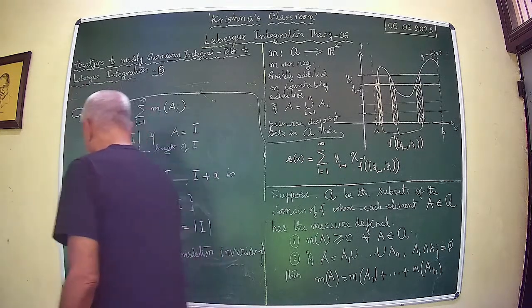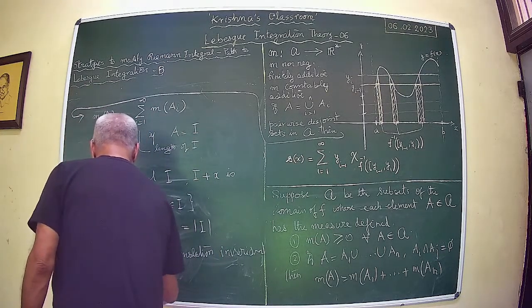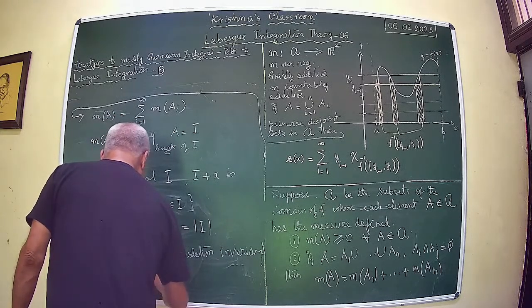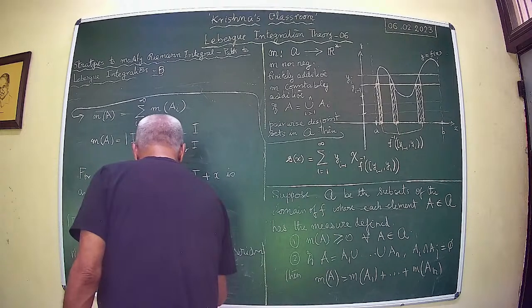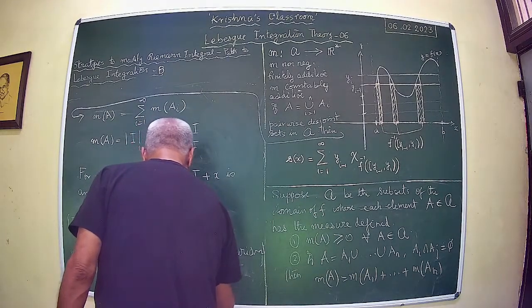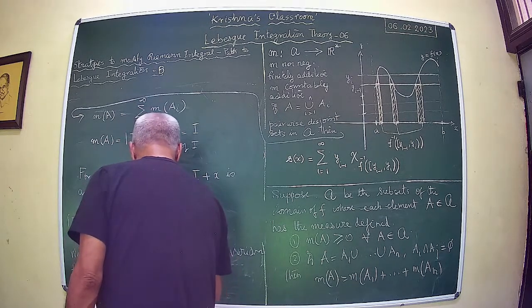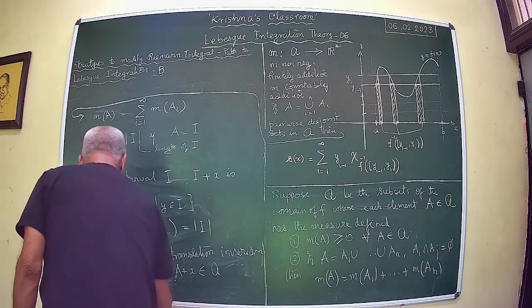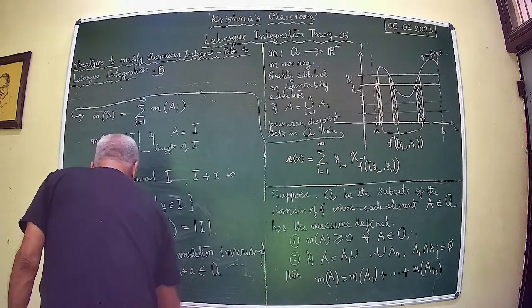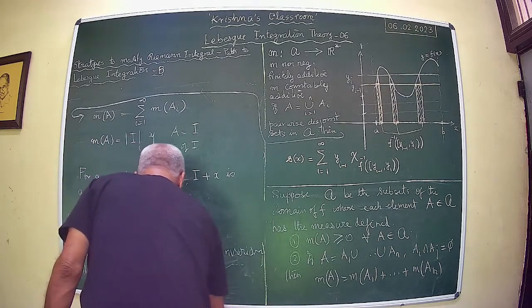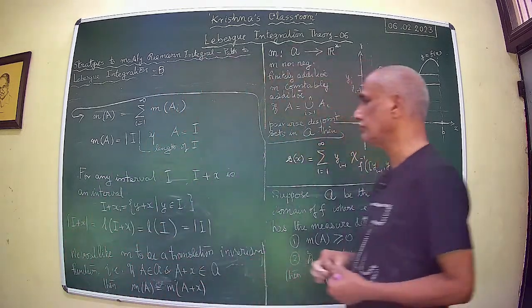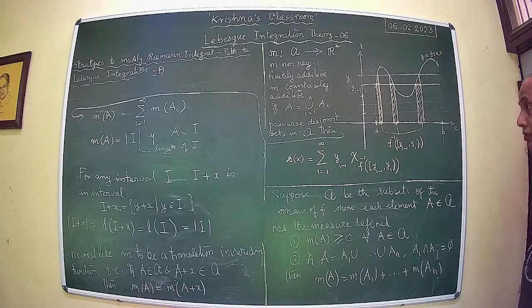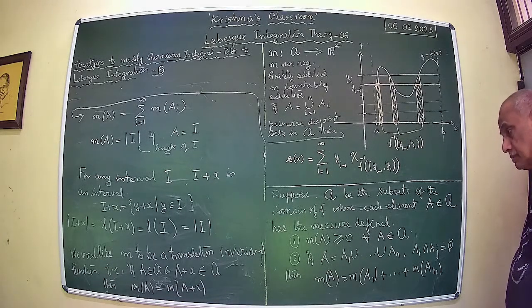That means, if A belongs to script A and A plus X belongs to script A, then measure of A should be equal to measure of A plus X. So we want the measure to be a non-negative function which is countably additive.